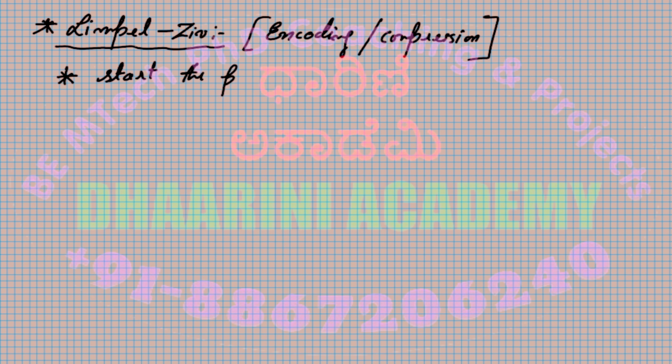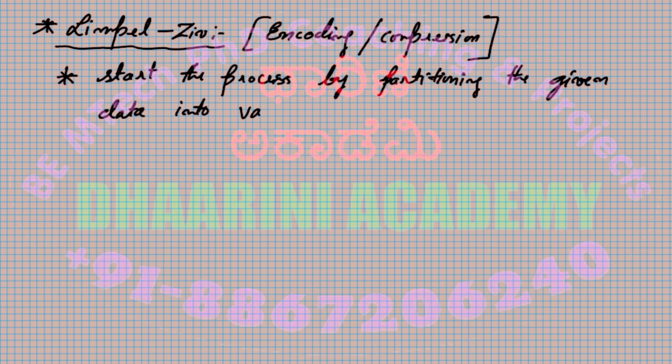So start the process. First, we try to partition the given data. Start the process by partitioning the given data into variable length blocks.